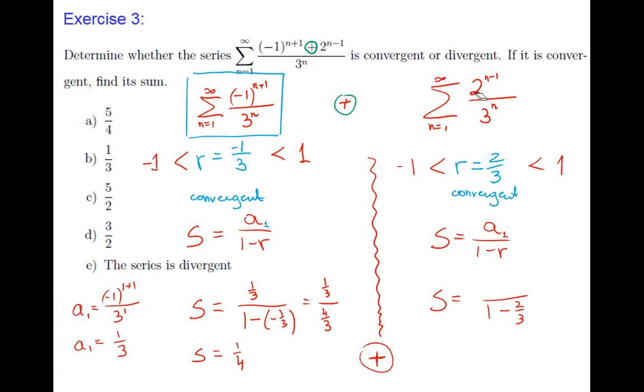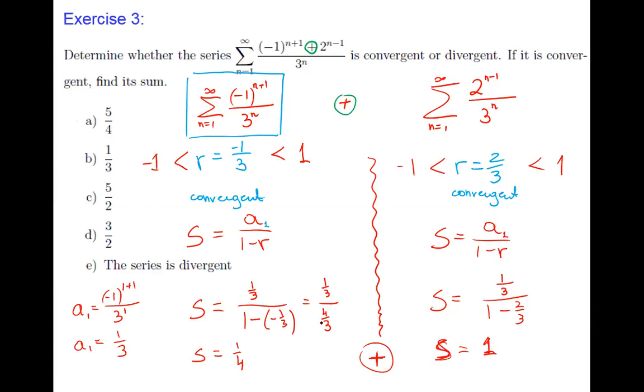Wow, lots of 1/3, but okay, because 1 minus 1 is 0, 2 to the power of 0 is 1, and 3 to the power of 1 is 3, so 1/3. Excellent. Can you simplify this? 1/3 over 1/3. The sum is just 1.